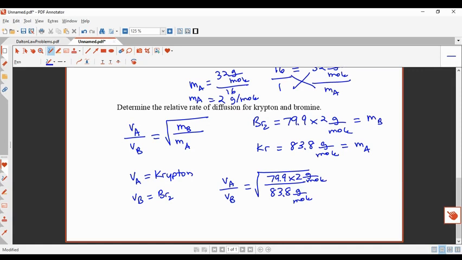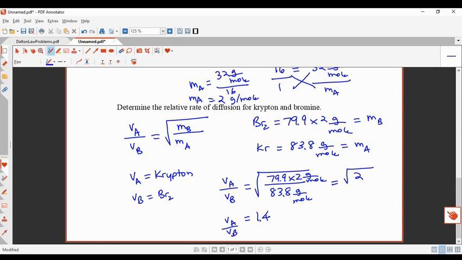So let's plug that into your calculator. Underneath our square root, we're going to have about 2. If I put that into my calculator, I get that this is about 1.4.